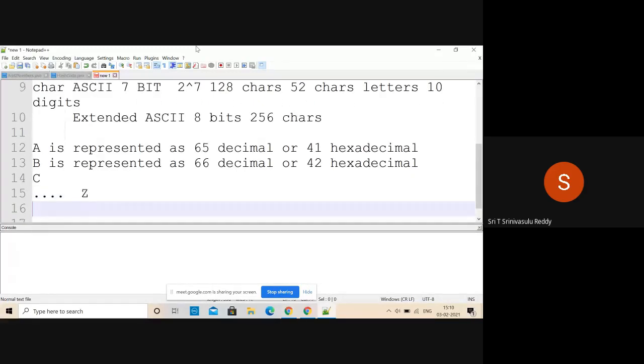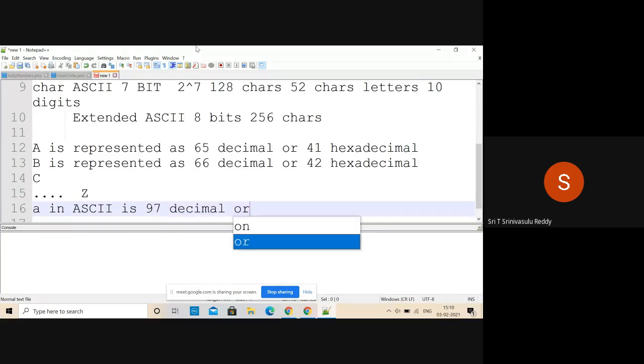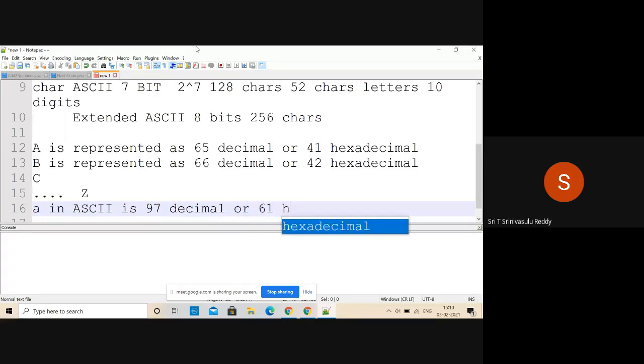In fact, it's a good habit to remember the ASCII codes of some of the commonly used characters. Similarly, small a in ASCII is 97 decimal, or 61 hexadecimal.